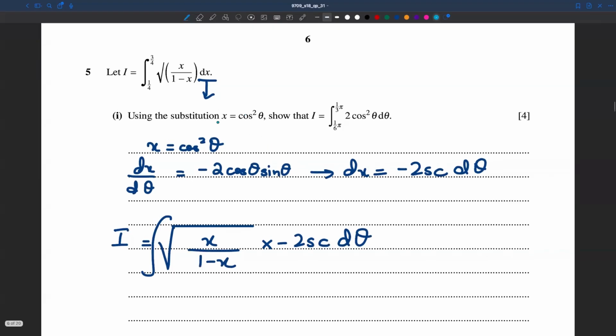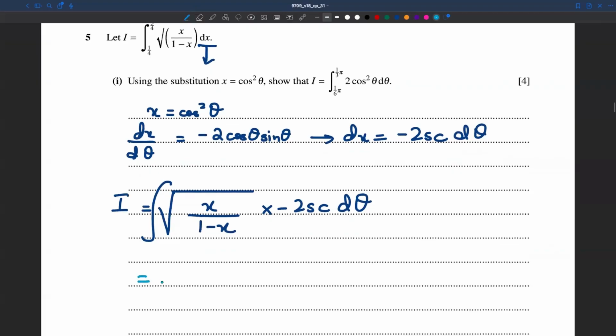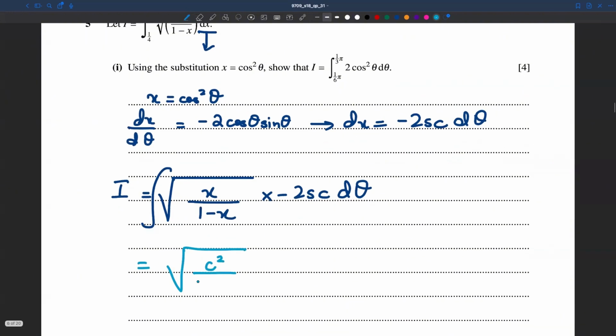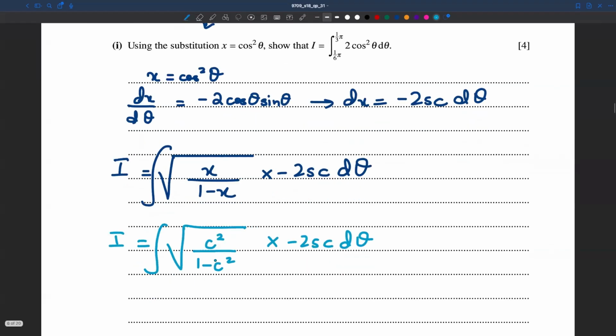Now, x is equal to cos²θ. So in place of x in the numerator, I can write cos². In the denominator, it will be 1 minus cos². Agreed? Okay. 1 minus cos² is sin². So this will become cos²θ upon sin²θ into minus 2 sin θ cos θ dθ.